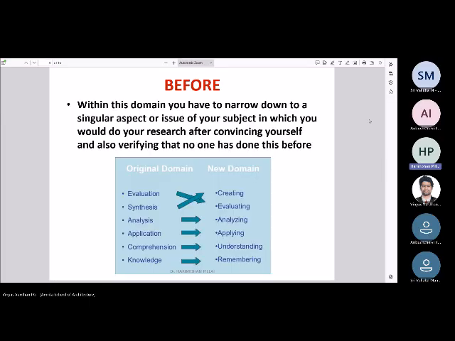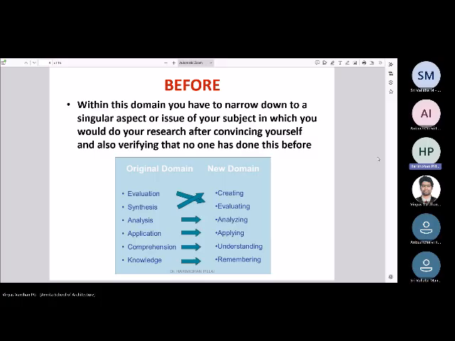So this is what you're supposed to do. This chart, look at this very carefully. The left part is called original domain and new domain. The original domain is all the research already done by people all over the world.